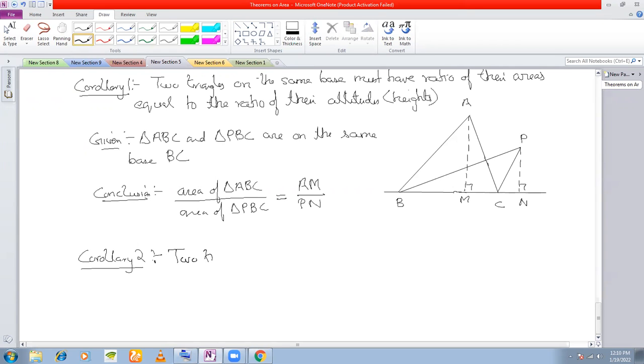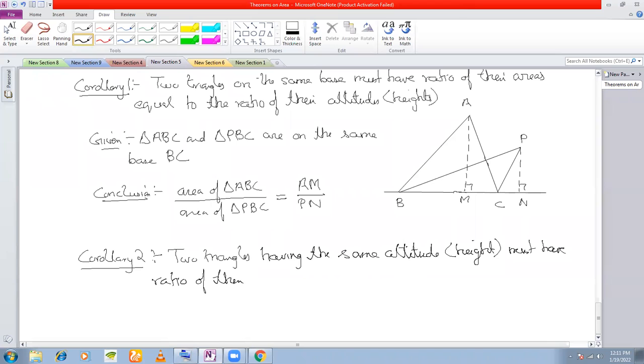Two triangles having the same altitude, or height, must have the ratio of the areas equal to the ratio of the bases.